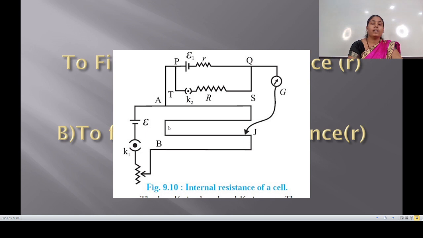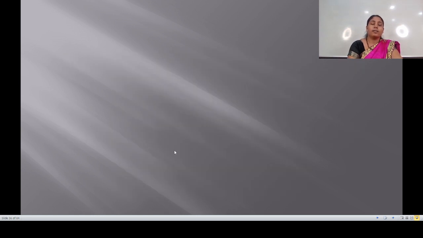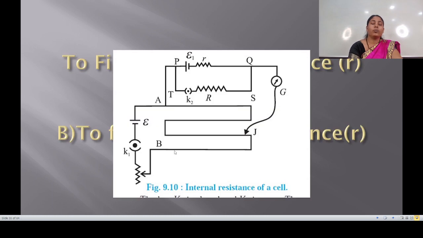First, a potentiometer wire, varying from 1 meter to 5 meter. Here A and B are the two terminals of the wire, connected to a long table. Copper strips are used for connecting the strips.